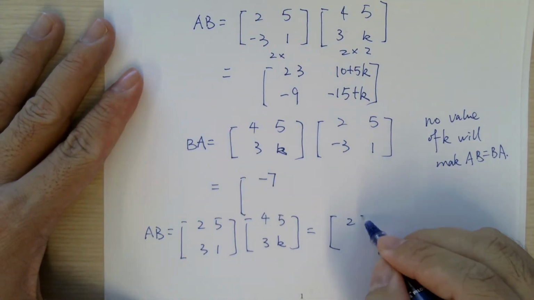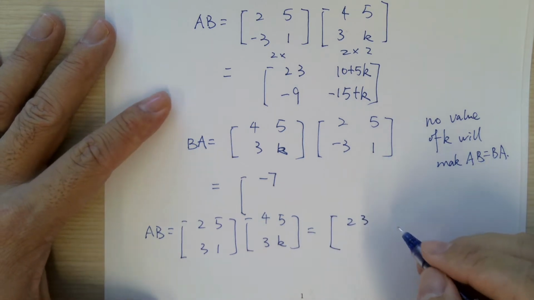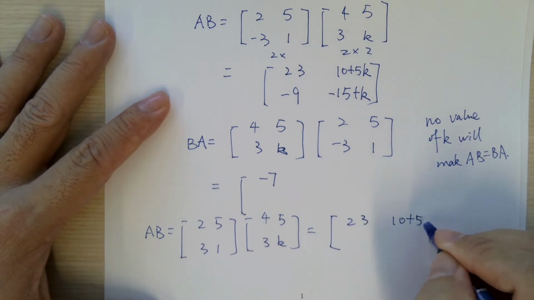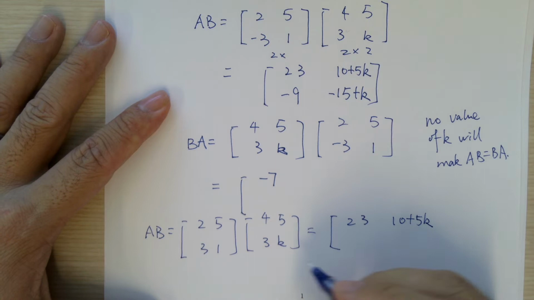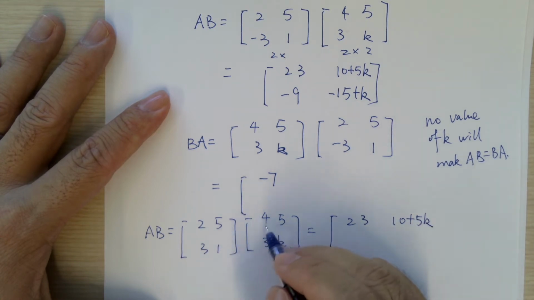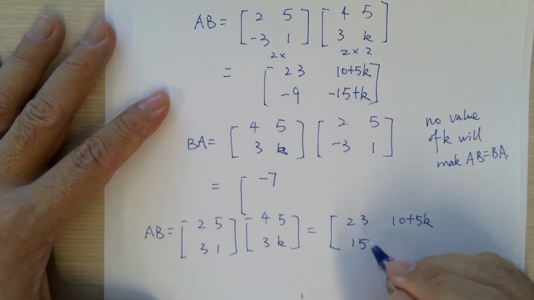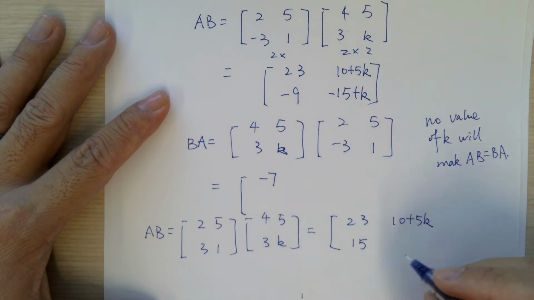It's going to be 23, right? Still 10 plus 5k, and then 15, and then 15 plus k.